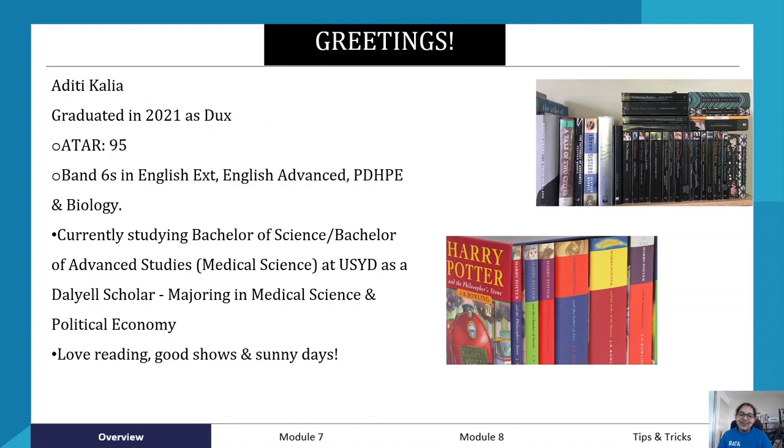But if you have any questions regarding that, or my experiences of it, or study advice or whatever, feel free to ask away. I'm currently at the University of Sydney studying a Bachelor of Science and Bachelor of Advanced Studies in Medical Science. It's a double degree, and I'm majoring in medical science and political economy as a Dalyell scholar.